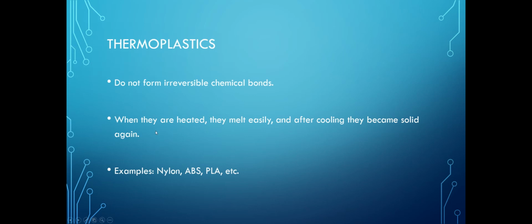You don't need a lot of heat to melt them, and that is because of their chemical bonds. And as easily as they melt, they become solid again. Some examples are nylon, ABS, and PLA.